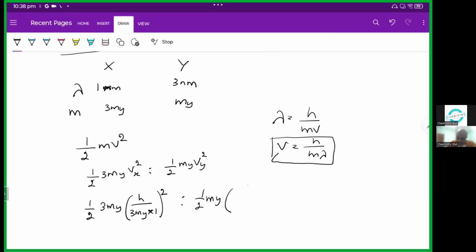Vy is h divided by m, which is my, lambda is 3 nanometers, squared.